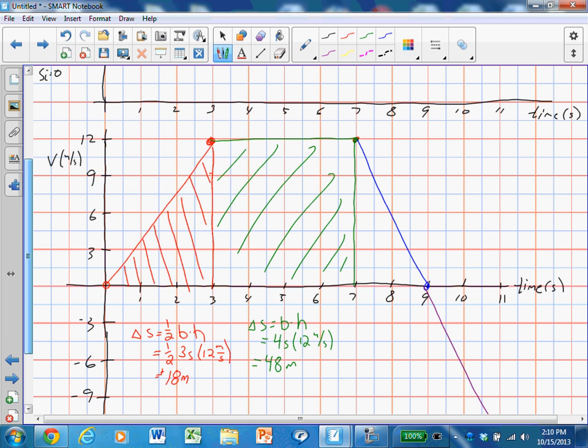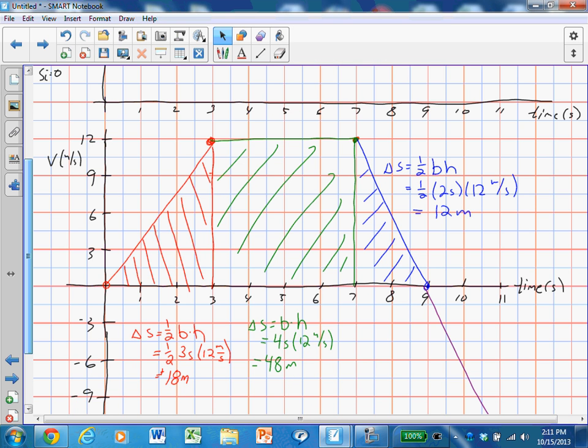And then in the blue zone, we have a triangle again of 1/2 times 2 seconds times 12 meters per second, which is just 12 meters.